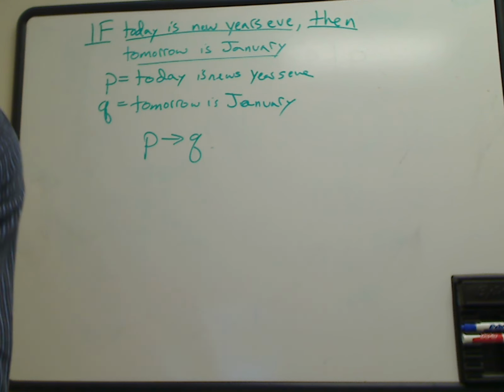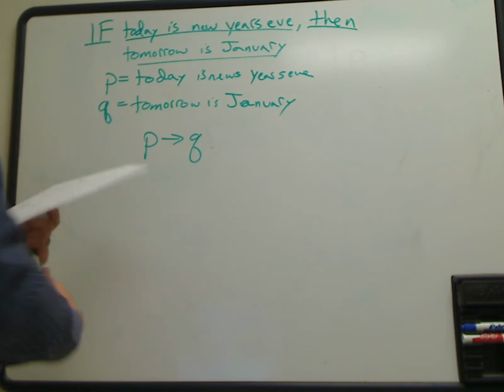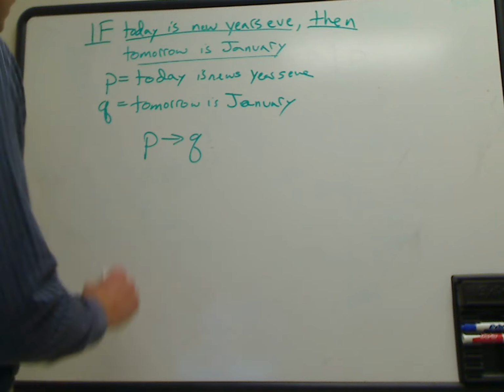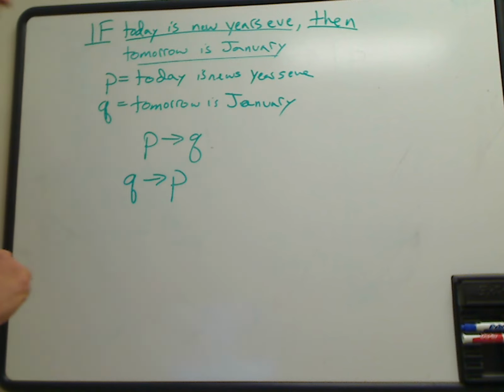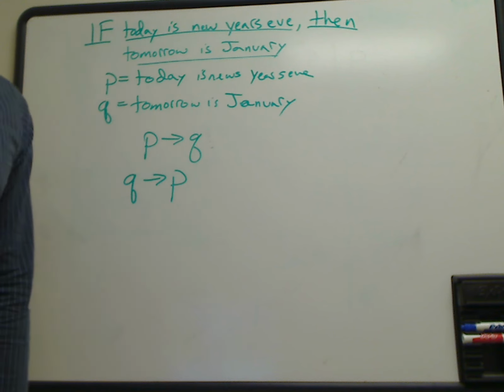Now, it is often tempting to rewrite the statement in such a way that Q implies P. So this would be: if tomorrow is January, then today is New Year's Eve.